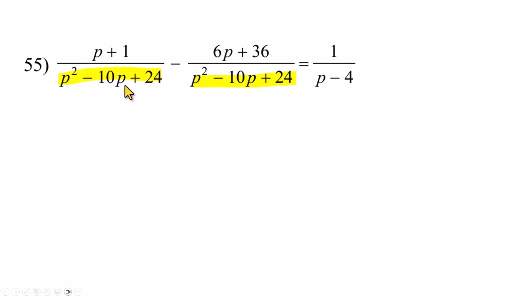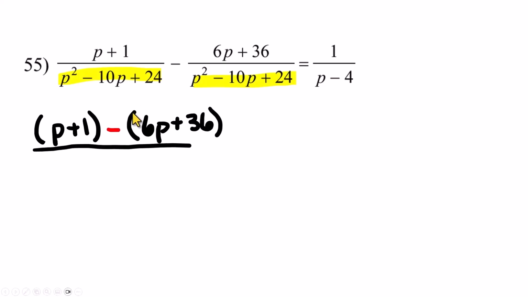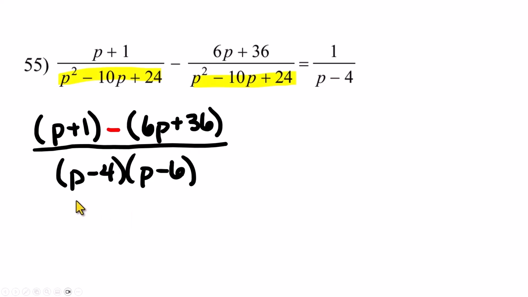I'm going to factor this trinomial, and then I'm going to set it equal to 1 over p minus 4. Pause right now if you don't want me to wreck it for you. Okay, here it comes. P minus 1 minus 6p plus 36 all over p minus 4 times p minus 6 equals 1 over p minus 4.